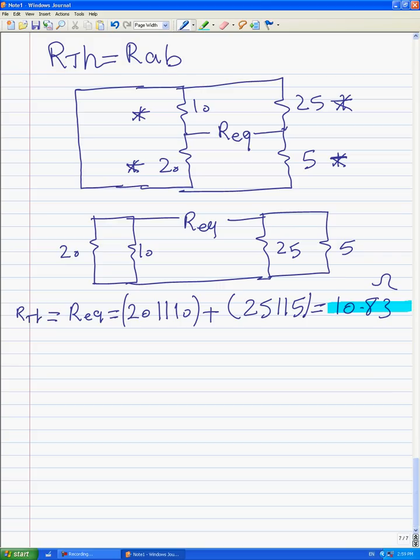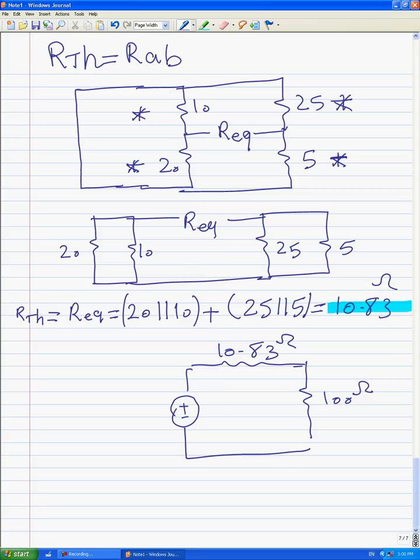Now we are ready to find out I. Here we have 100 ohms. Here we have 10.83 ohms. And here we have VTH equal to 30 volts. This is VTH and this is RTH.